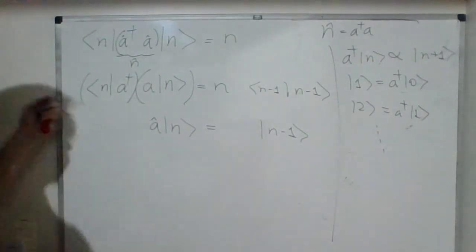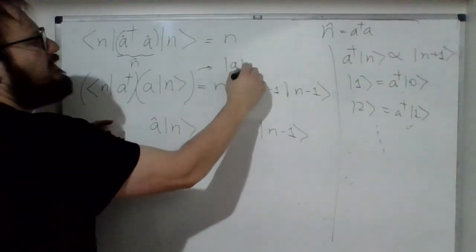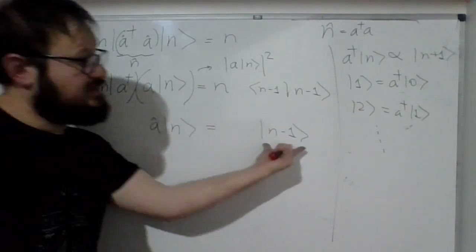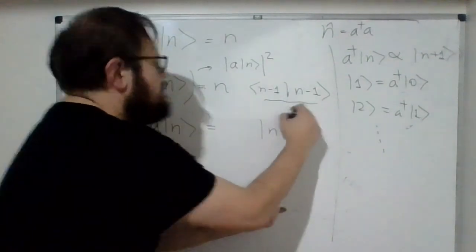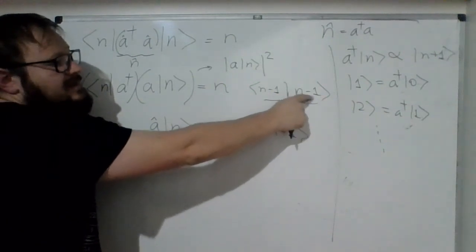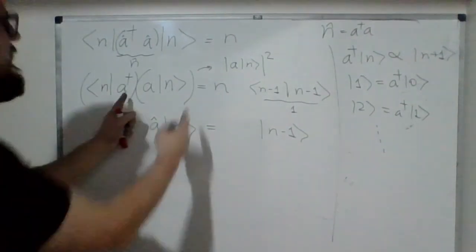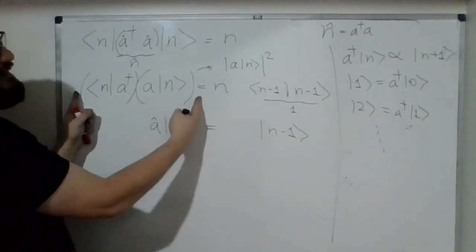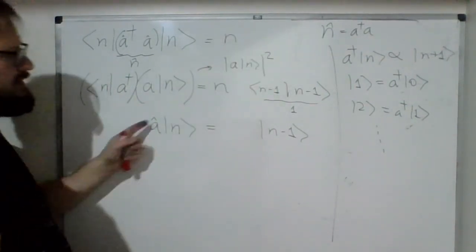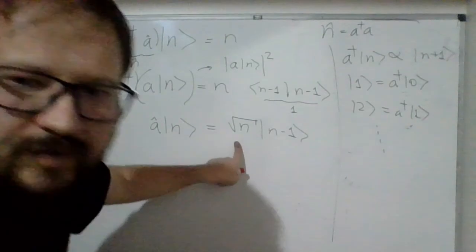But now remember that this product here is just like the modulus of this vector. So since this state is normalized to unity, because the A applied to this thing here produces some state like that, n minus 1, but I don't know the proportionality. Notice that this product here is just the modulus of that action squared. So if I take the square root of that, I will find out a square root of n, and this is the proportionality factor.